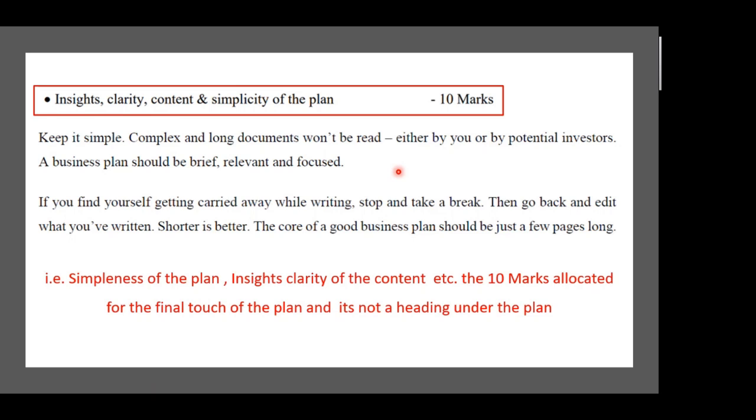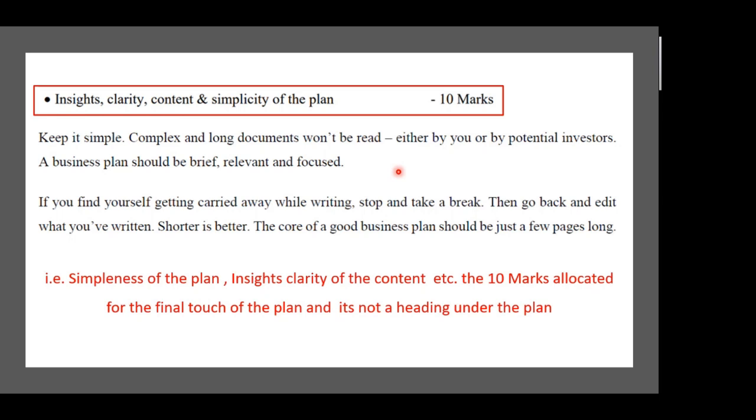In certain reports, actually most of the reports we see, this also is taken as a topic. So when this is taken as a topic, it's very clear the student has done the report without any understanding about the content.